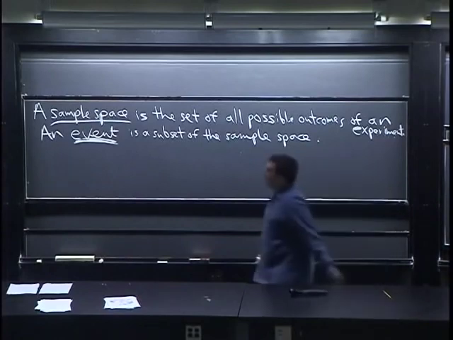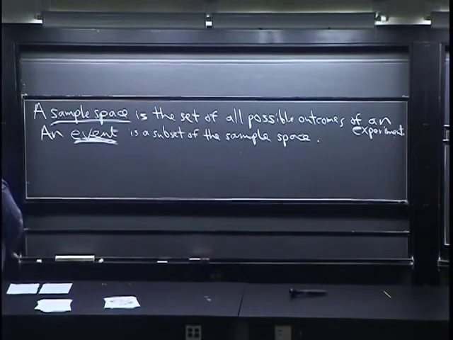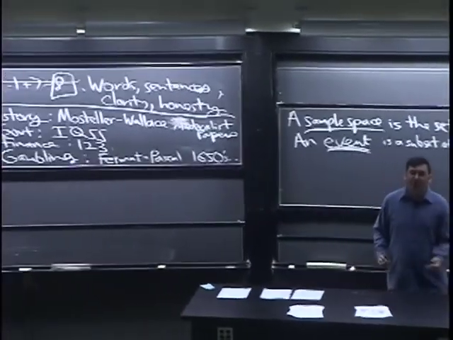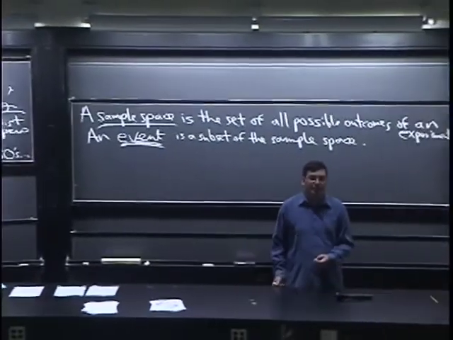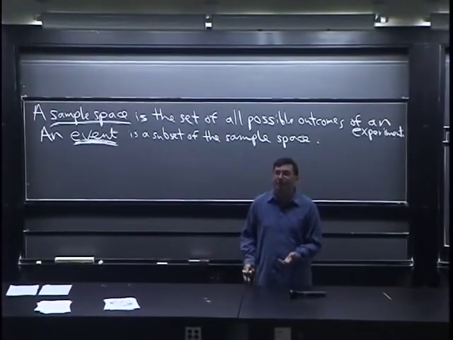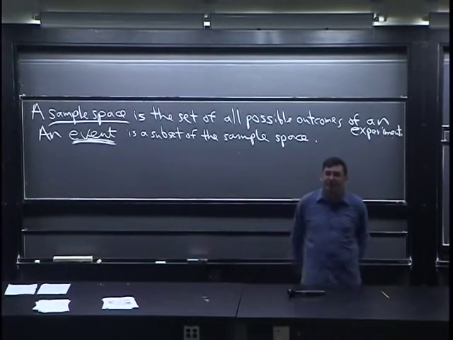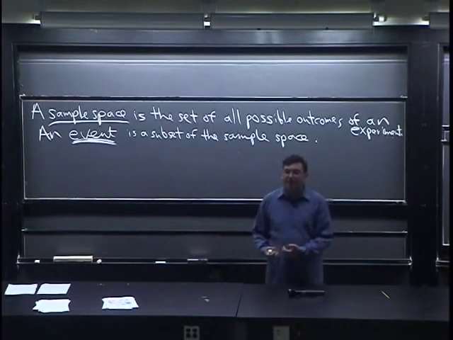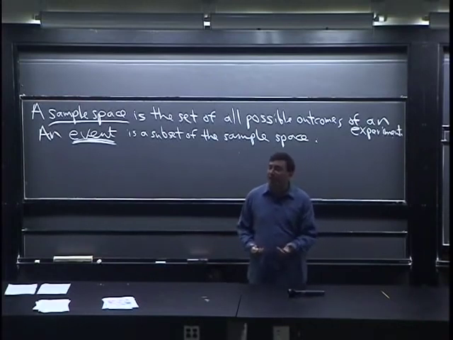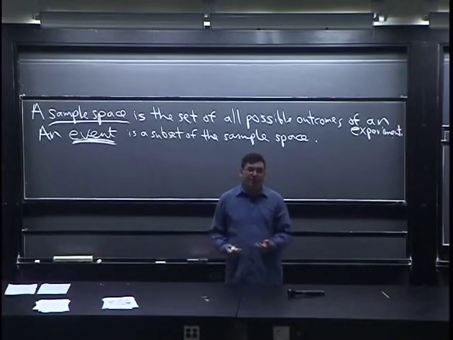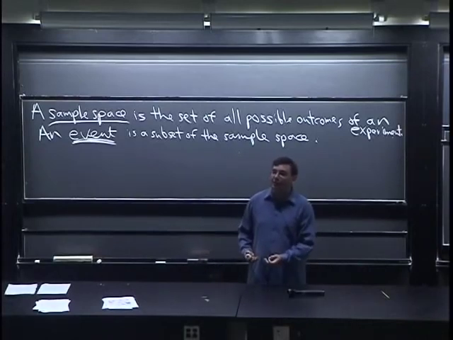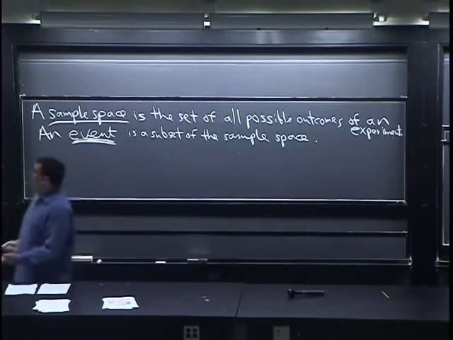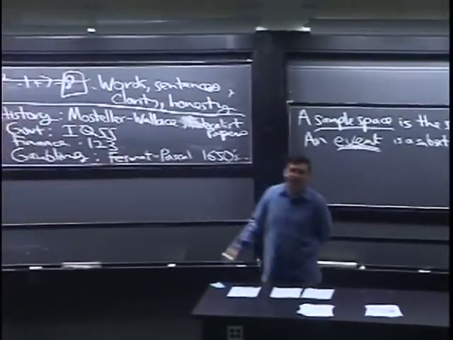But I should mention Isaac Newton, slightly later than this, roughly around the same time. Newton is one of the most famous, probably top three most famous mathematicians and physicists of all time. And there were gamblers who were asking Newton gambling questions as well, because at the time, no one knew how to do probability. So if you were a degenerate gambler and you really needed to know the odds, you had to go to someone of the stature of Isaac Newton, Fermat, or Pascal to get an answer.